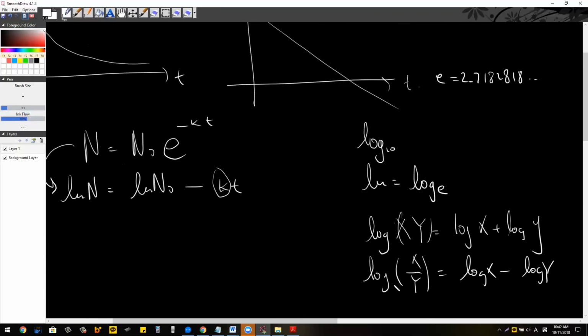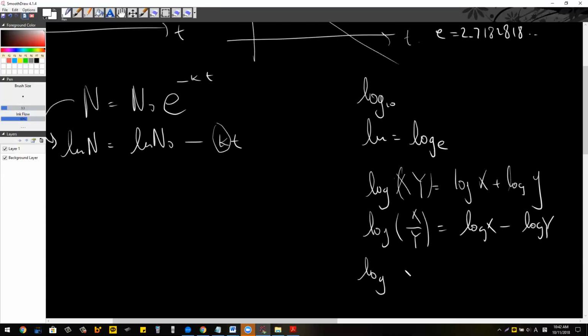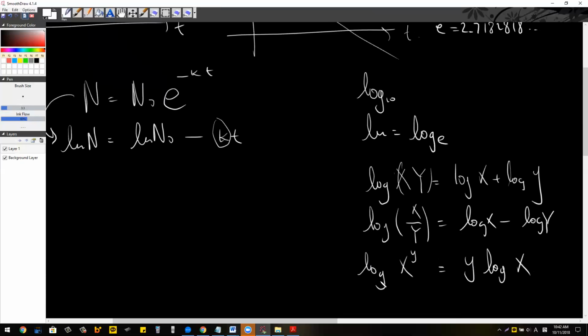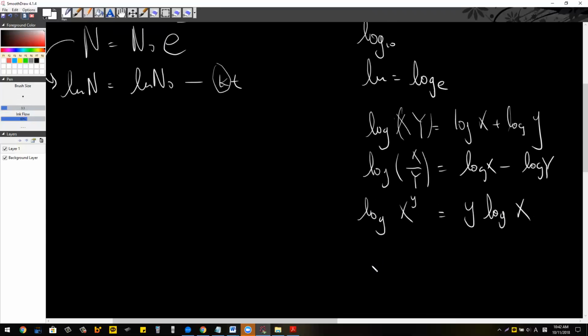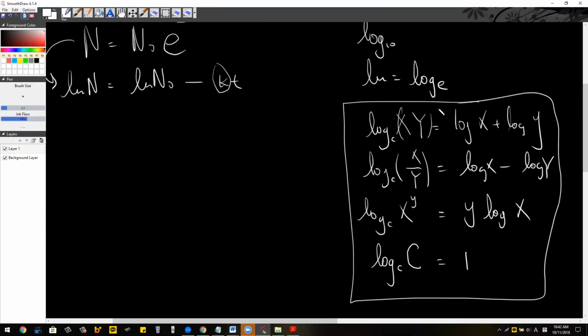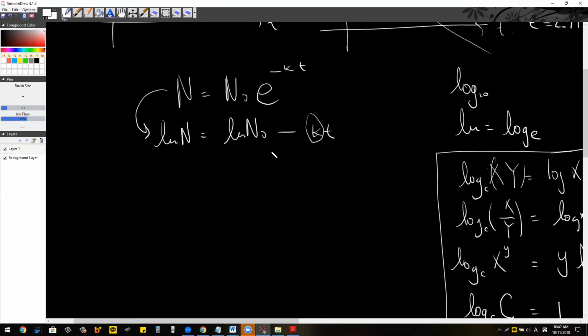When you have the log of x to the power of y, the y comes down to the front, so y log of x. Finally, if you have log base c of c, you get 1. So these are most of the log rules. Have a look. Yeah, we've done this before.